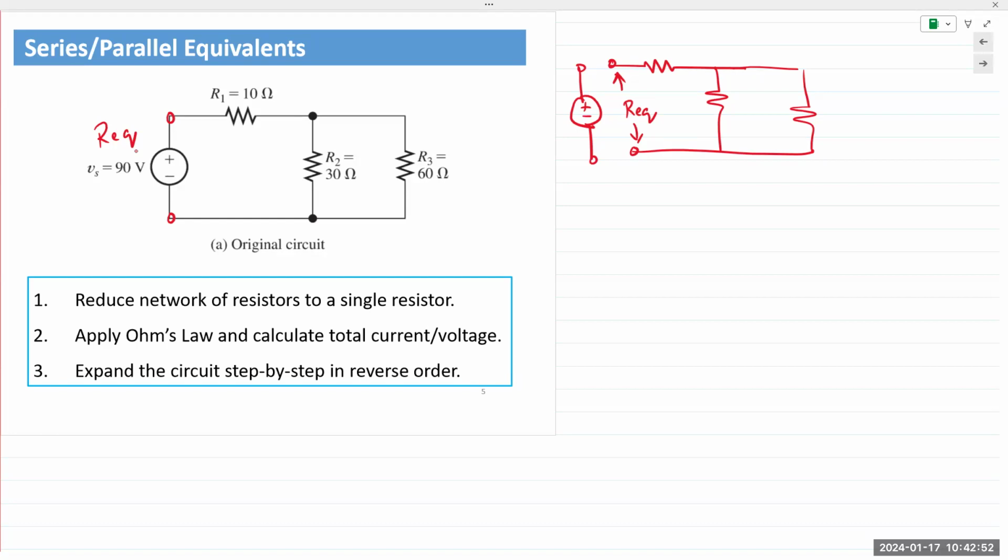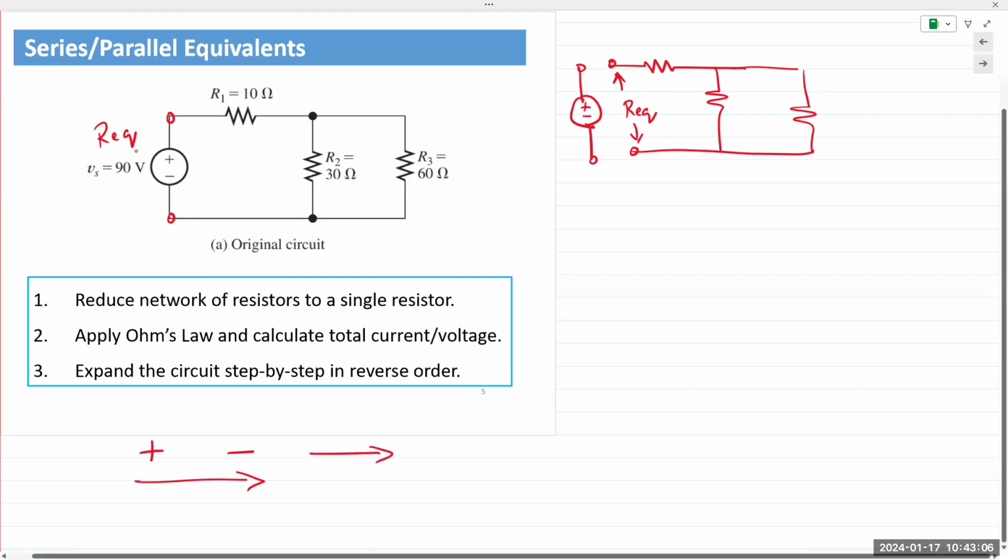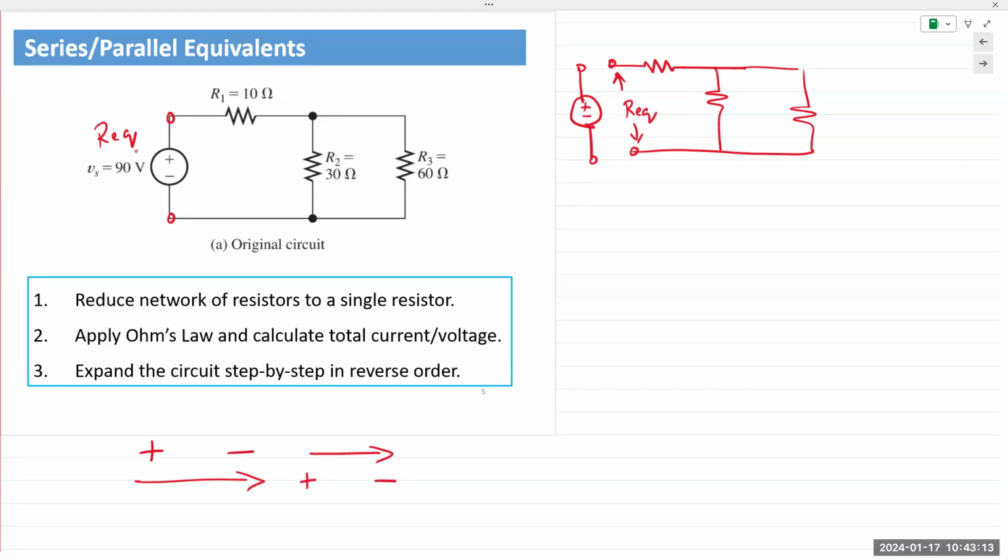So again, high to low, meaning if I was given the voltage polarity plus and minus, my current is going in this direction. The other side is if I was given the current direction, then the point of entry in the component is plus, point of exit is minus. That's an important point to note.